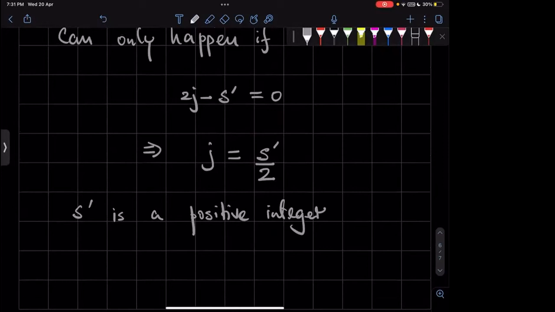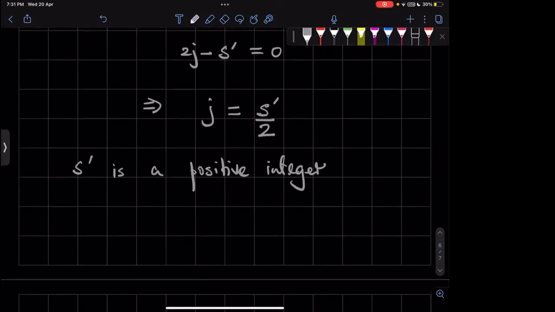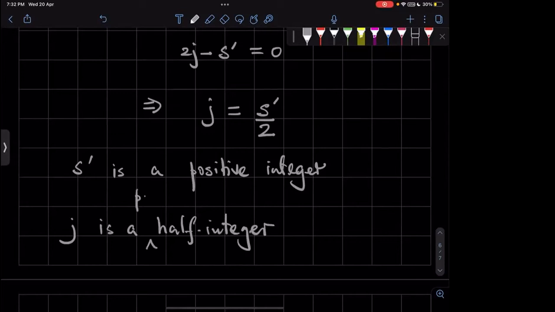And so S prime is a positive integer. This means that J, the highest possible value of M, right? J is the highest possible value of M. J is a positive half integer. Okay, so we have found the highest value of J, the highest value of M.